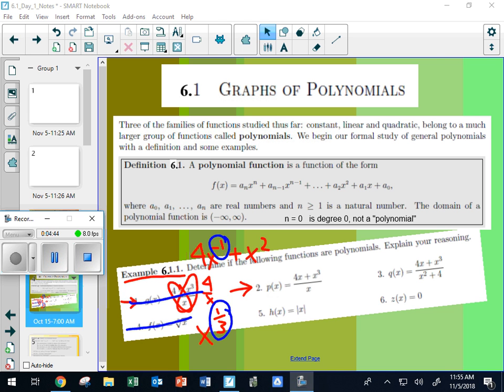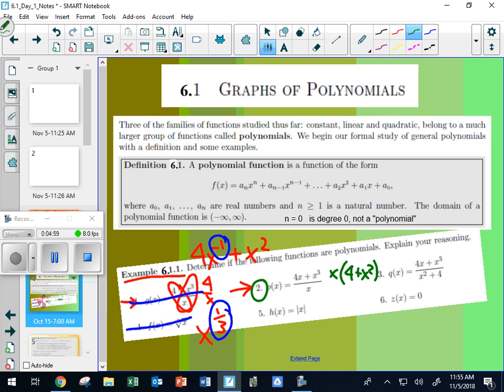All right, looks like we have a consensus. This one is a polynomial. What can you factor out here? You can factor out an x, right? So if you had x times 4 plus x squared over x, you can cancel out the x's, and you're just left with 4 plus x squared, which is a polynomial.